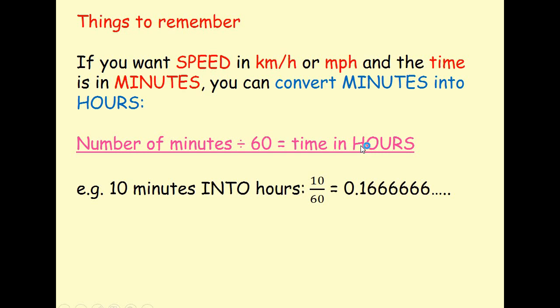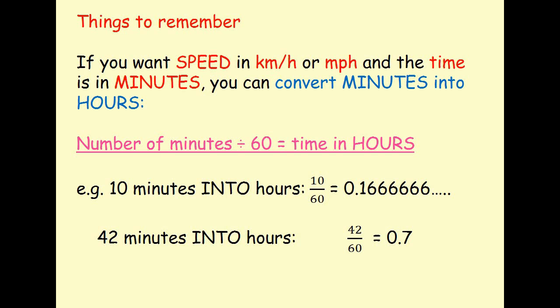Okay, so here's another example. If you wanted to turn 10 minutes into hours, 10 divided by 60 gives you 0.16 recurring. 42 minutes into hours, 42 divided by 60 gives you 0.7.